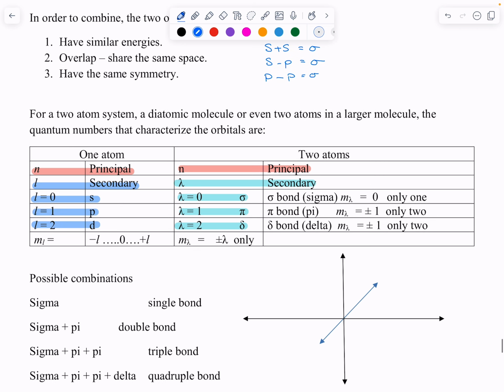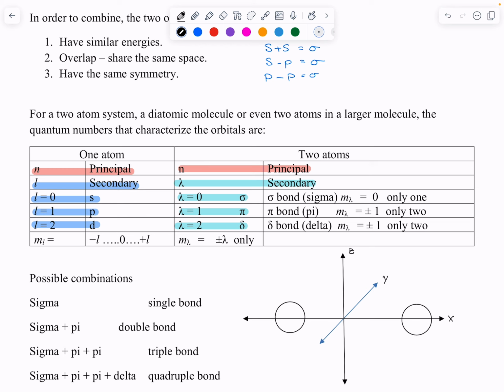Now, I'm going to come down to this grid: X, Y, Z. If I have two atoms, the axis going through the two atoms is the internuclear axis.